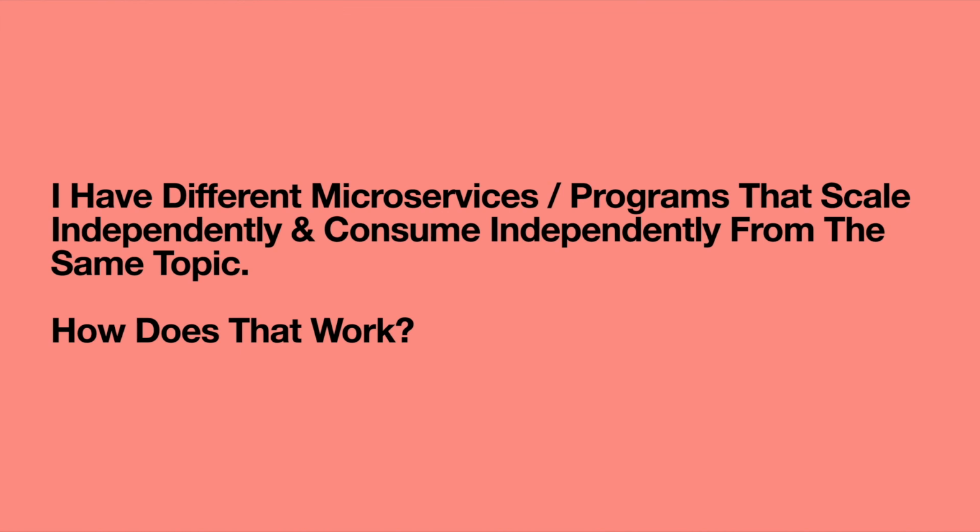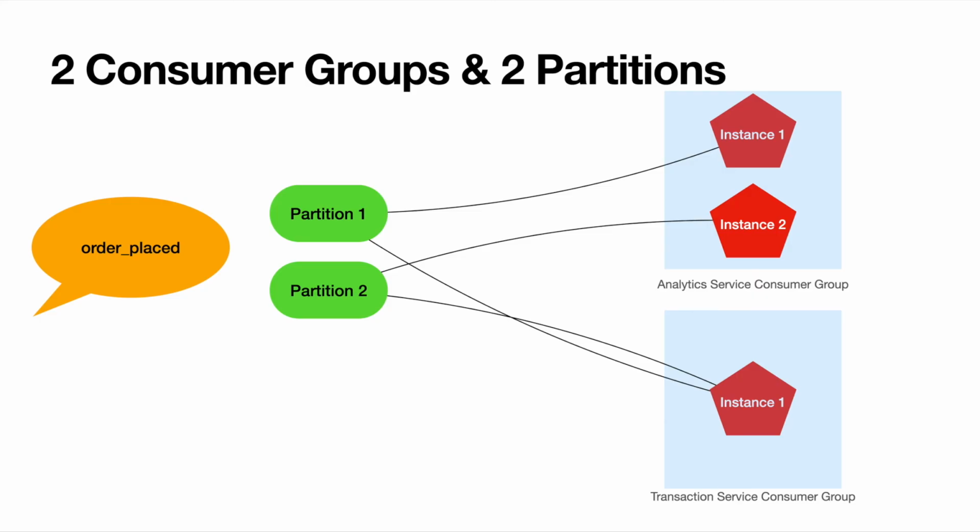Now, this is a very common use case. I'll just run through the use case. So I have different microservices or programs that scale independently and consume independently from the same topic. How does that work? Okay, so let's say you have 2 consumer groups now, right? Imagine a consumer group as a microservice or a program.